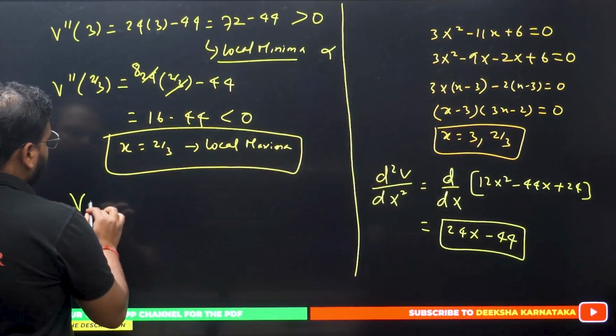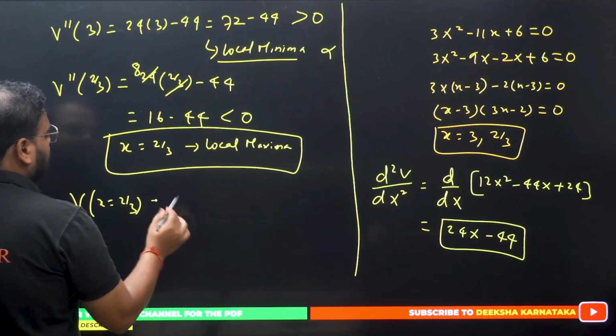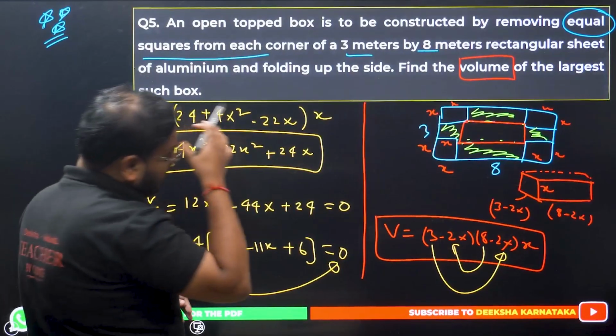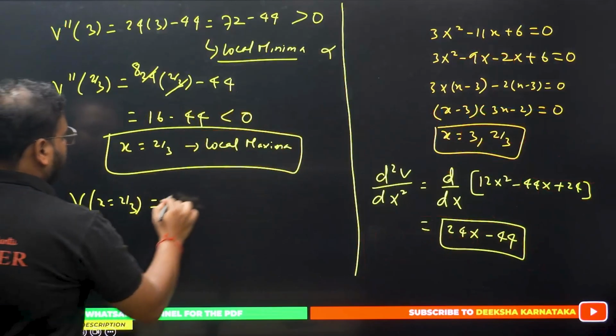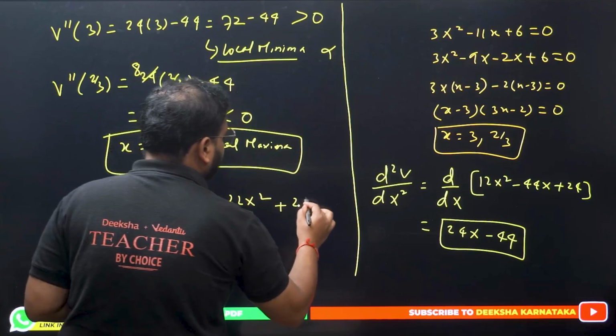So what is that going to be? The volume value when x is equal to 2 by 3. We have a volume expression actually, that is 4x cube minus 22x square plus 24x.